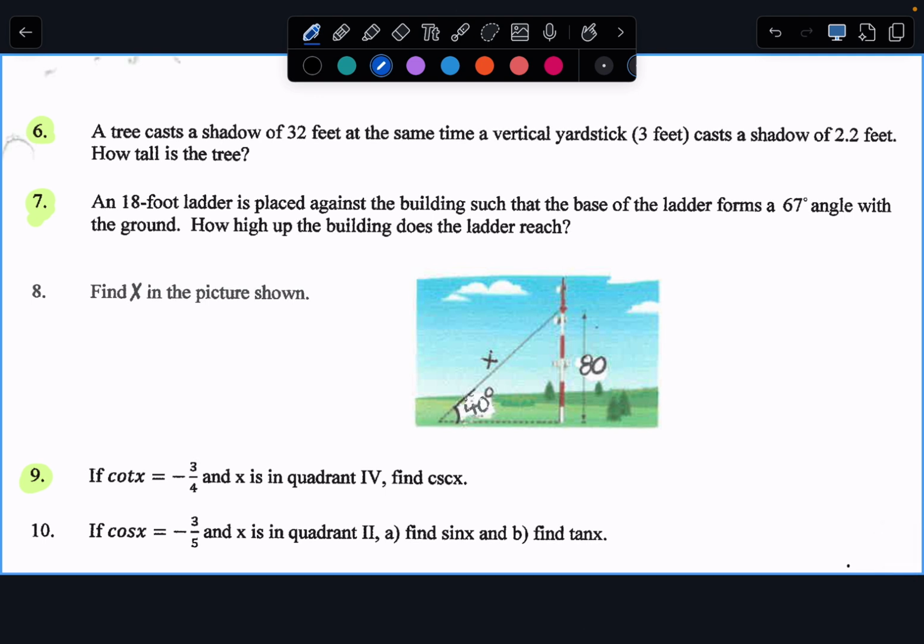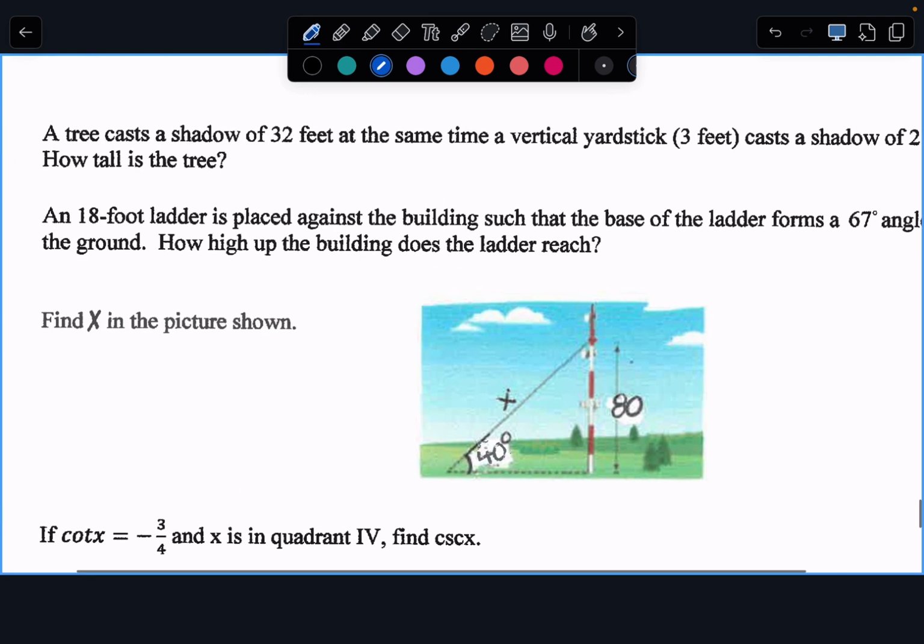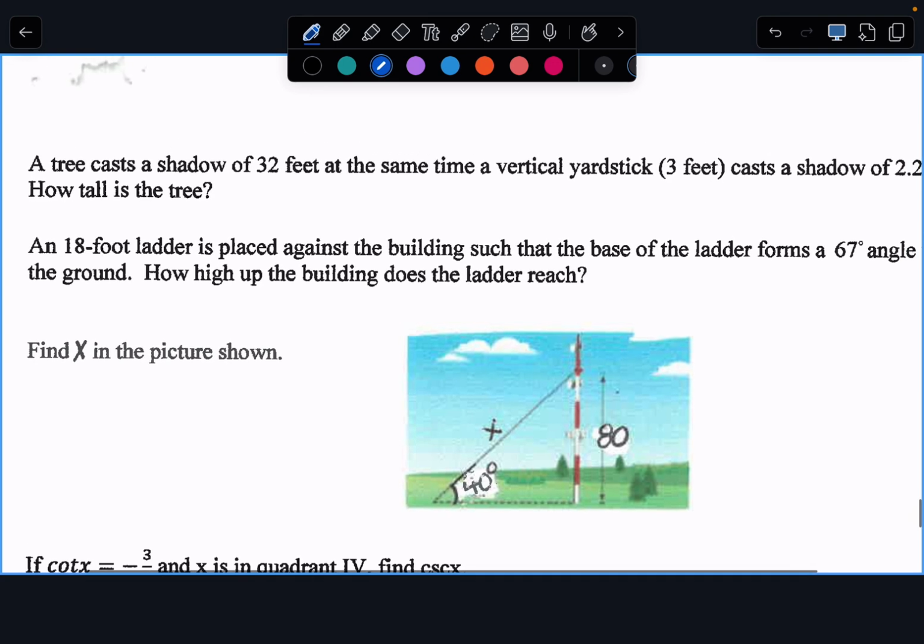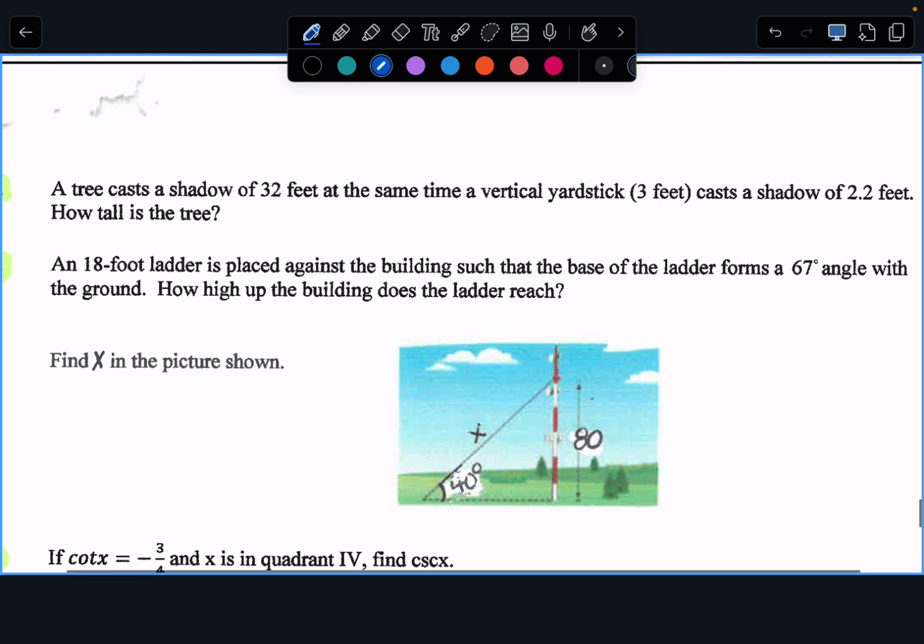Number 6 is a similar triangles problem from test 1. It says a tree casts a shadow of 32 feet. At the same time, a vertical yardstick casts a shadow of 2.2 feet. How tall is the tree?